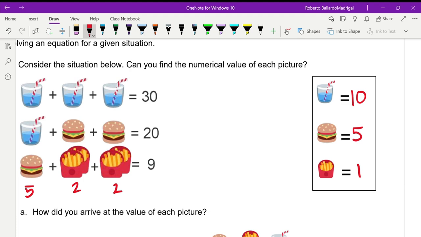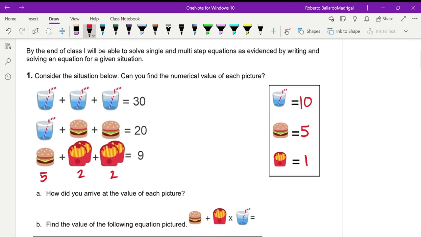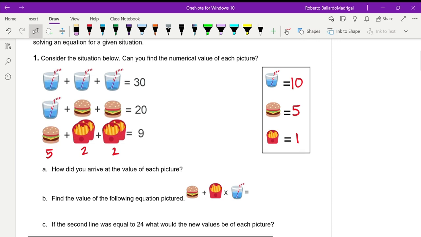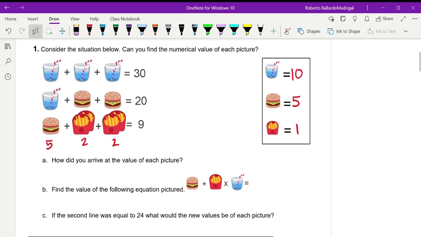Very good. How did you arrive at the value of each picture? Let me ask group 3, Viviana's group. How did you arrive at the value of each picture? What was the strategy? How were you able to come up with the values? Anyone from your table, if you'd like to share?